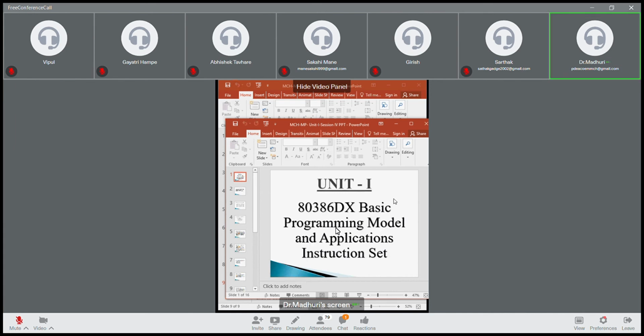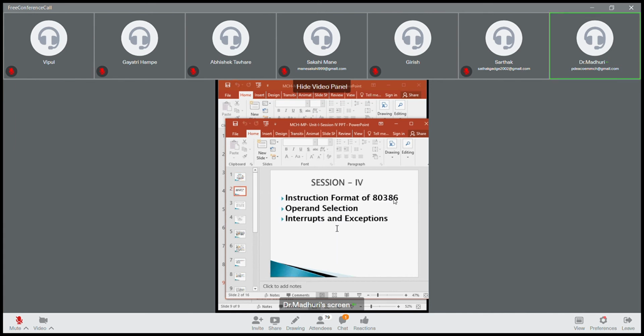Then you have the instruction format. This is the next point in the programming model of 386 microprocessor. First is the memory organization, second is the data type, third one is the registers. In registers actually you have the debug register, test register, but whenever the point comes I will tell you, because it is a little bit confusing. So, instruction format.